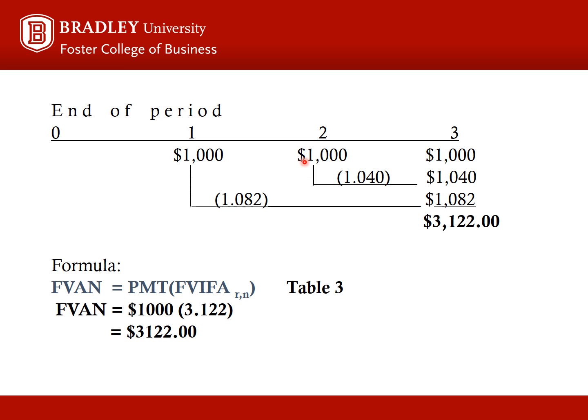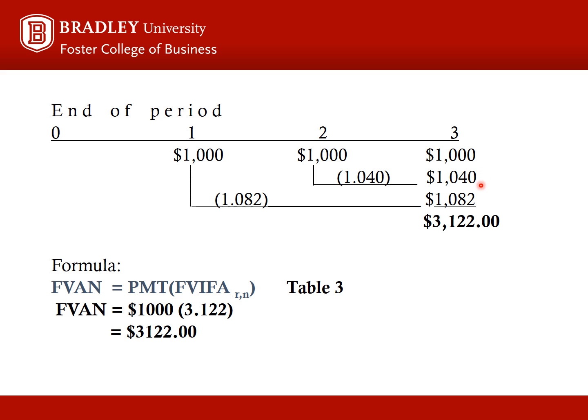The next $1,000 payment will be worth $1,040 because you receive it at the end of year 2, and it will sit in the account for 1 year until you get to the end of year 3, and will be worth $1,040 then. And then the third $1,000 payment doesn't have any time to collect interest because you don't receive it until the end of year 3.